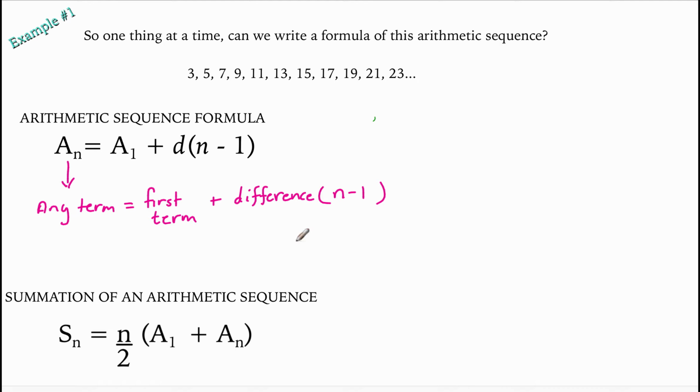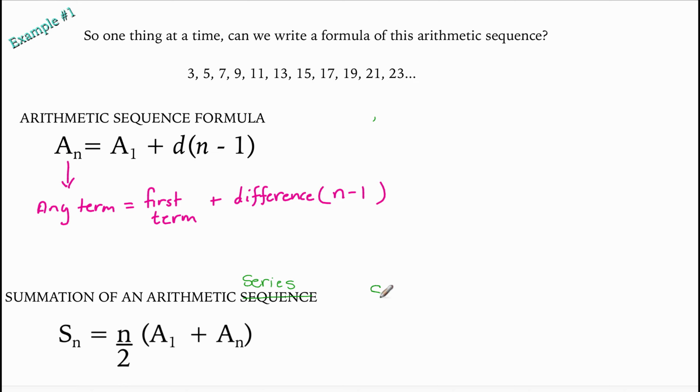Now, what if I wanted to sum up an arithmetic sequence? First of all, I can't sum up a sequence. I can only sum up a series. So right here, let's say I wanted to add up the first 11 terms, because I have 11 terms written here. This is our friend Gauss, who we've talked about over and over again.